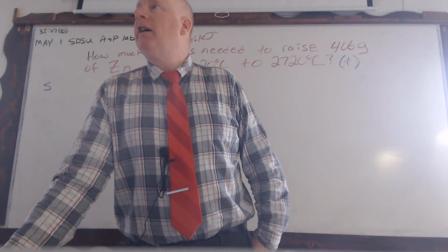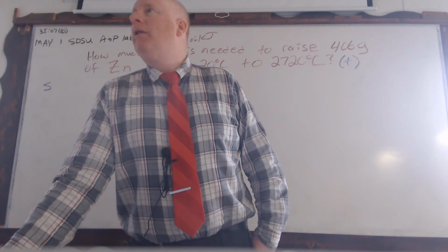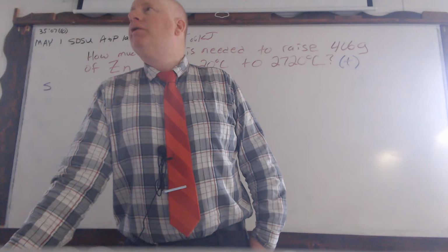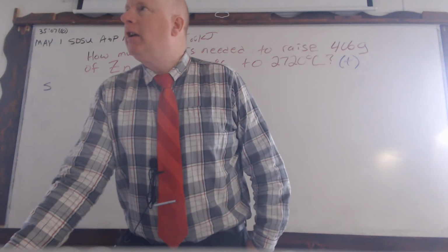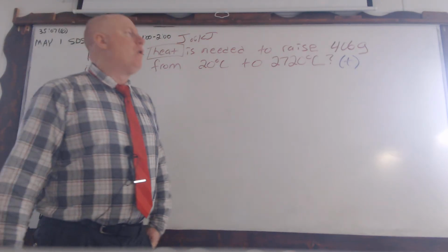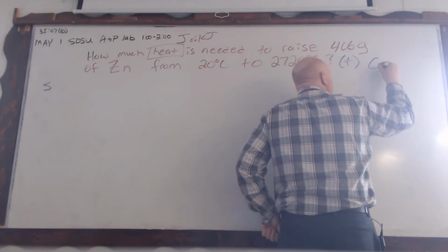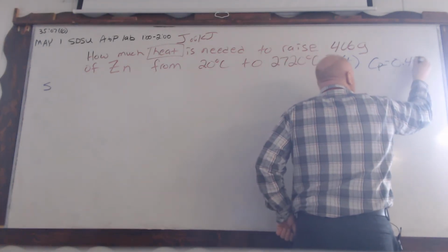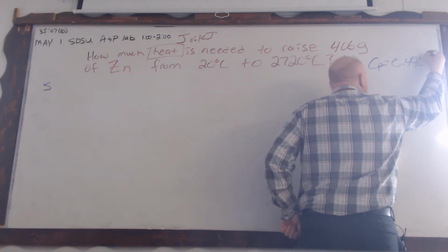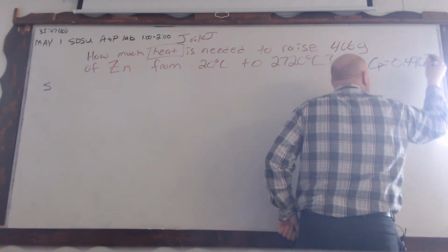Since zinc is 3 doors down and a little heavier, I think it would take a little more. We're going to say 0.490. So the specific heat is 0.490 joules per gram degrees Celsius.